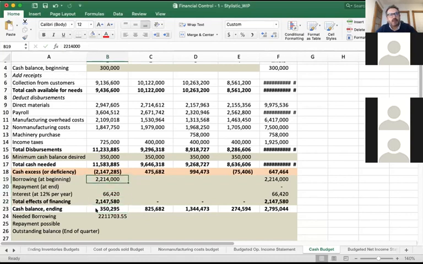So we need to borrow this amount of money in the first place. Is that okay? Do you want me to do it again? I can do it again if you want. Just tell me in the chat if it's okay.